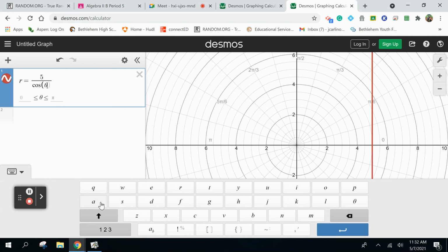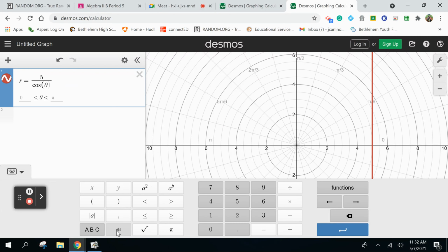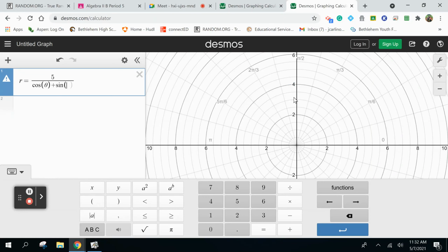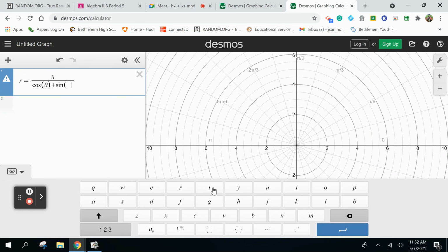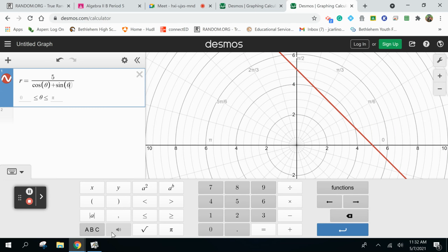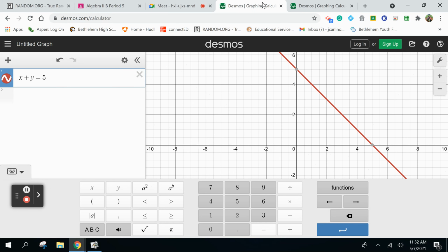Theta plus sine theta. You think they'd have a theta button up here? Oh, we got ourselves a diagonal line, just like the one we had on the rectangular. Perfect.